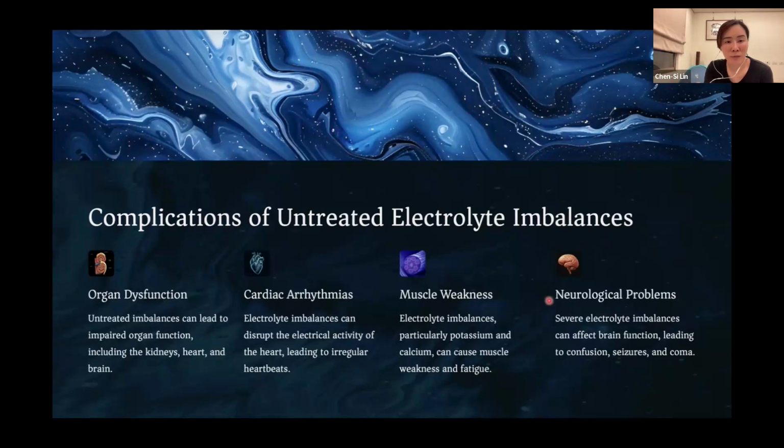Also, nerve transmission: if severe electrolyte imbalance occurs, it will result in the collapse of nerve impulse transmission. So it will result in damage to the brain, leading to confusion, seizures, and coma.